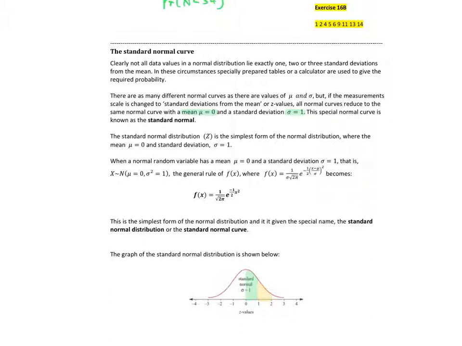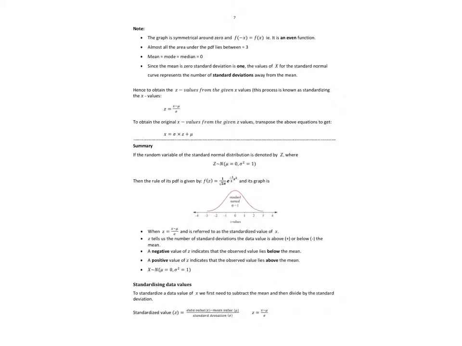So it has all the same properties except the values along the horizontal axis, which we call Z values, refer to how many standard deviations above or below the mean we are. Things to note: it's a symmetrical graph, and almost all the area lies within 3 standard deviations, which means Z is equal to 3 or -3. Mean, median, mode is all in the middle, which is at 0.